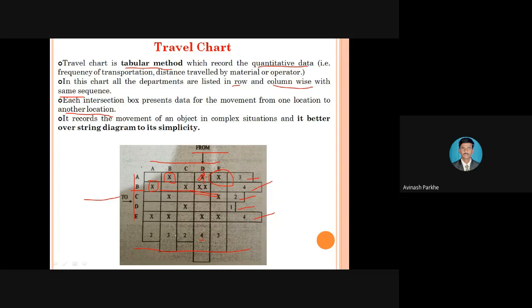Whatever addition we have made represents the number of times your material or your operator is moving from department number 1 to department number 2.